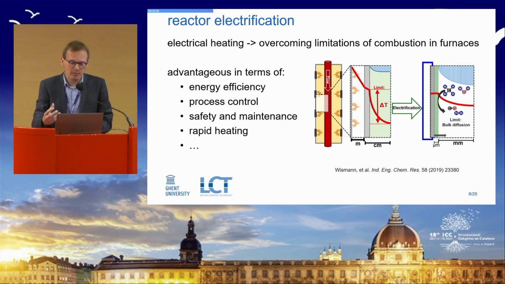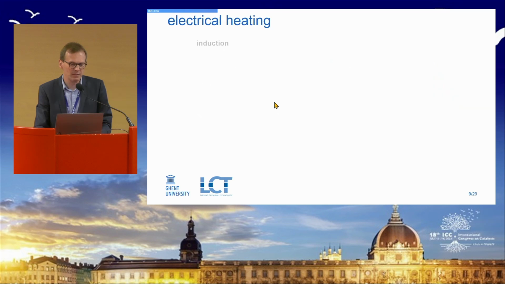So the limiting phenomenon is not the heat transfer anymore at the centimeter or even the meter scale of the furnace and of the reactor where the reaction is performed, but occurs at a much smaller scale and can be much better contained, namely at the millimeter scale of the catalyst used in there. And that leads to advantages in terms of energy efficiency, process control, safety and maintenance, and also rapid heating.